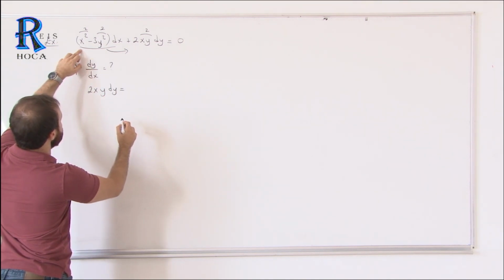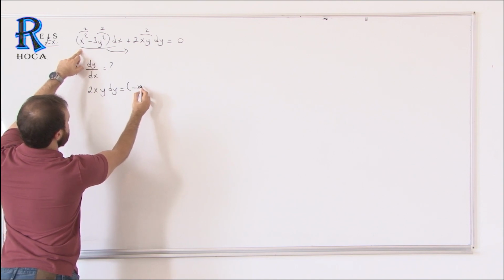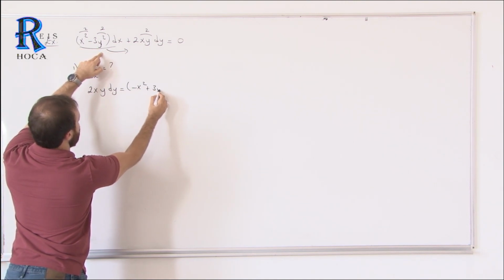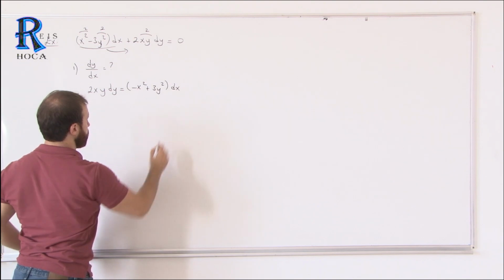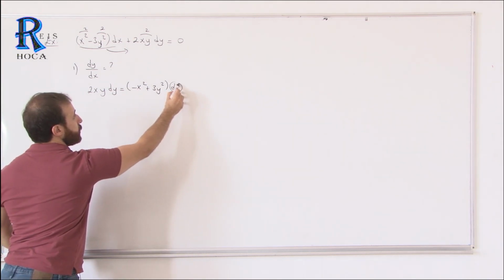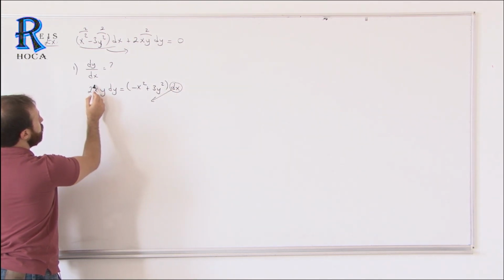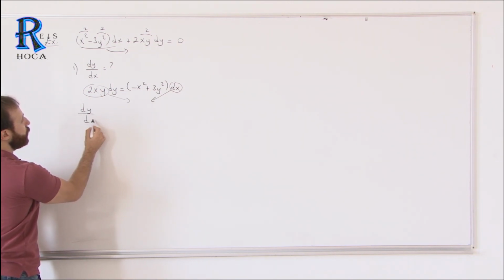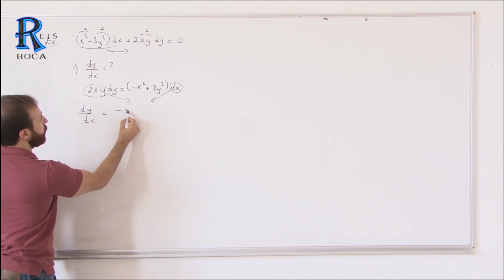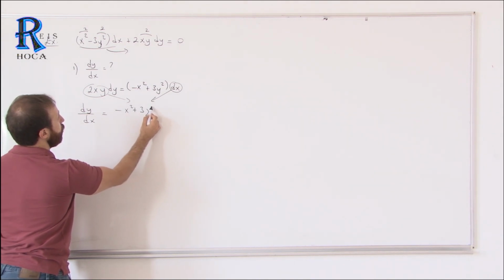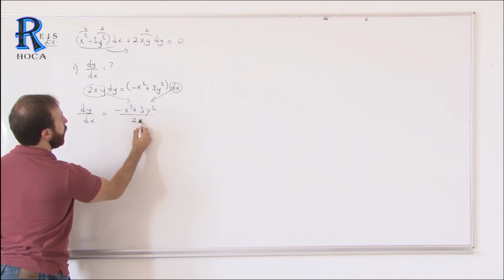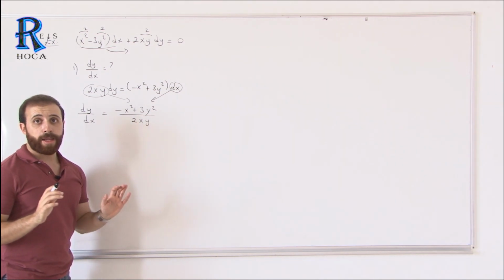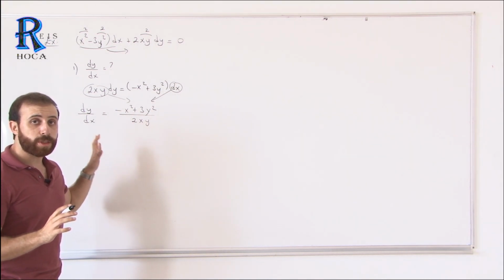On the right side there will be minus x square plus 3y square dx. To find dy over dx, let's send dx to the left side and 2xy to the right side. So dy over dx equals minus x square plus 3y square over 2xy. And this is the first step, we found the derivative.